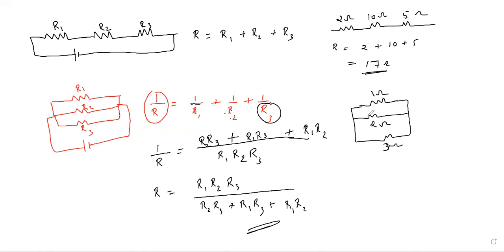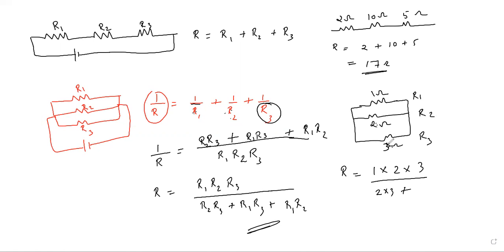Then what is the equation for equivalent resistance? R is equal to R1 into R2 into R3 divided by R2 into R3 plus R1 into R3 plus R1 into R2. So R is equal to 1 into 2 into 3 divided by, what is R2 into R3? That is 2 into 3, plus what is R1 into R3?